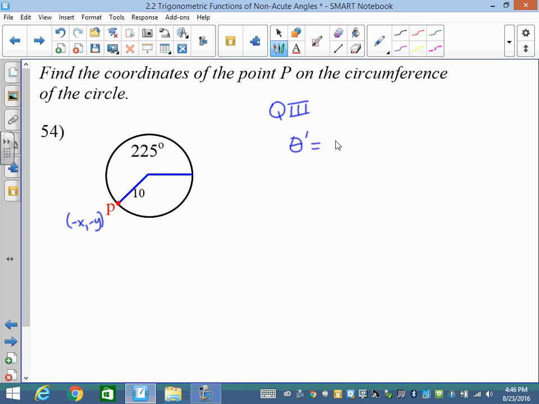So this is going to be 225 minus 180, which is going to give us a reference angle of 45 degrees. Now keep in mind that this is your R value, and this is your cosine, sine.